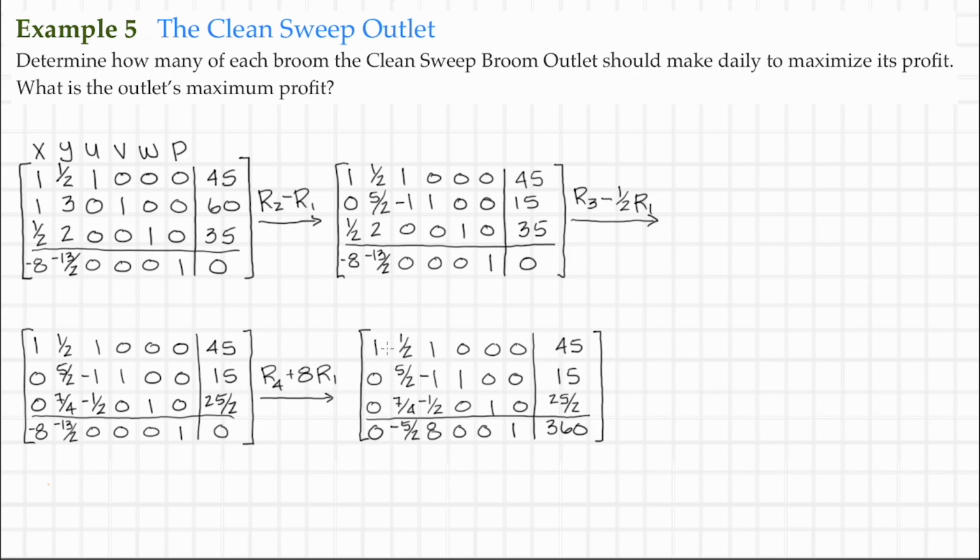So then step 3 says we're going to check to see if there's any negative values, and there is one right here. So then we'll go ahead and determine our next pivot element from this pivot column right here.